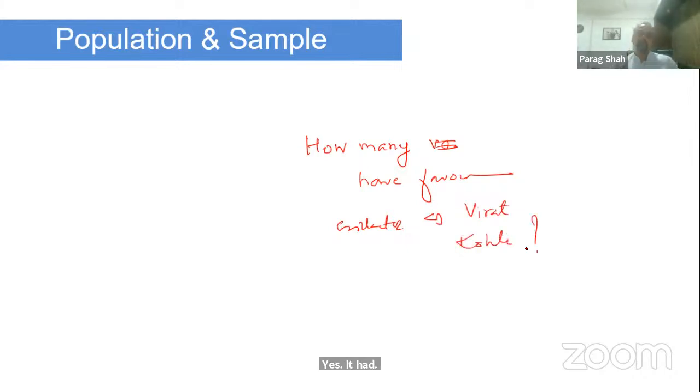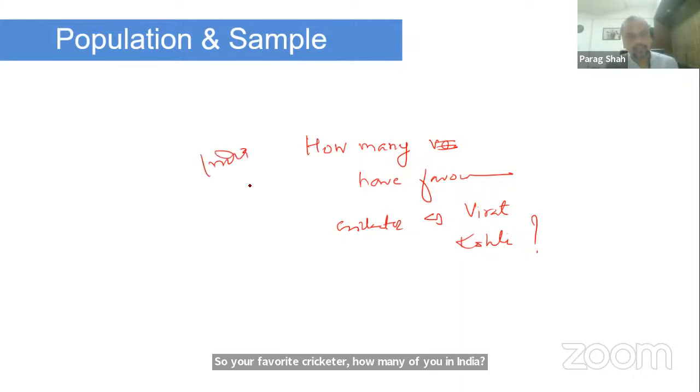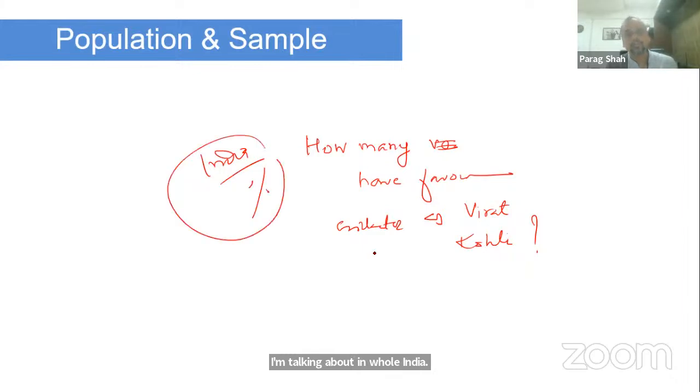So your favorite cricketer, how many of you in India? I'm talking about in whole India. What is the percentage of individuals, those who have their favorite cricketer as Kohli?